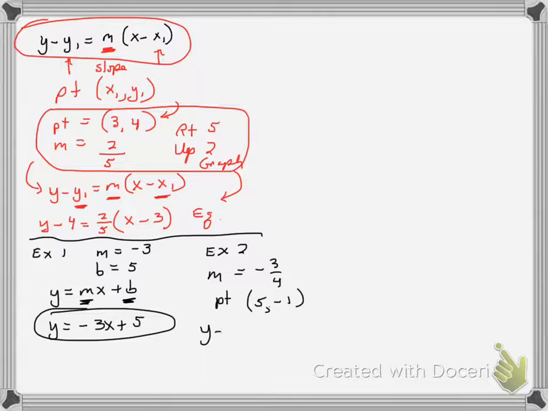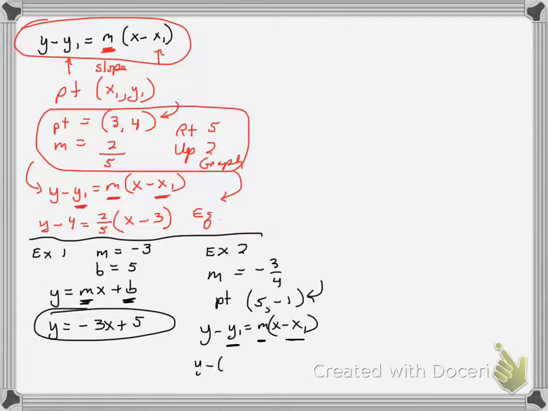So I would go y minus y1 equals m times x minus x1, and now I'm going to plug in that value, and that value. What is y1? That's the y value of my point. I'm sorry, that should be an equal sign. There we go.